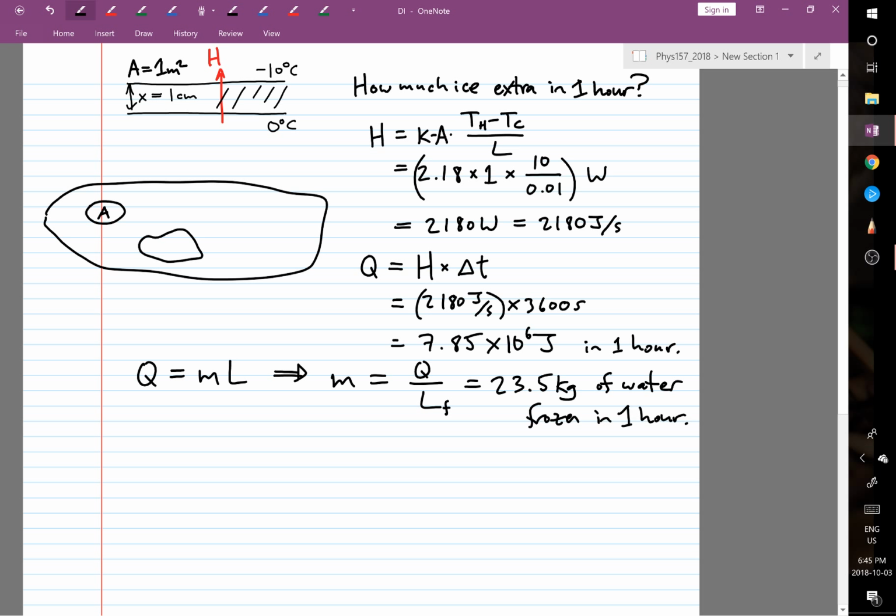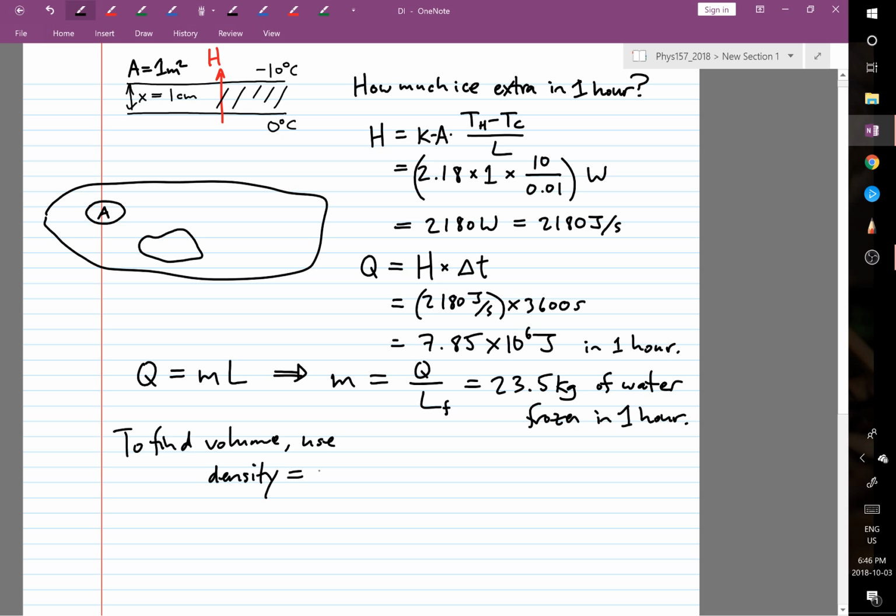Okay, we're not quite done, because now we want to figure out how thick that amount of ice is. The thickness is determined by the volume and the area. So we want to convert from this mass of water that is frozen into the volume of that ice, which means we need to use the density of ice.